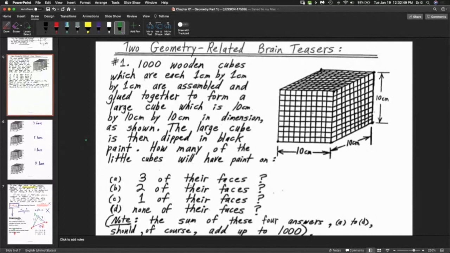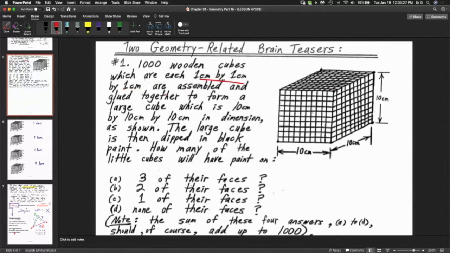Hopefully you got a little bit of an understanding of that. I'll tell you the question like a little story from my end. Imagine that you had this big block here, and this block is made of little cubes. Each of these little squares here, in 3 dimensions, is a little cube. Each cube is 1 centimeter by 1 centimeter by 1 centimeter.